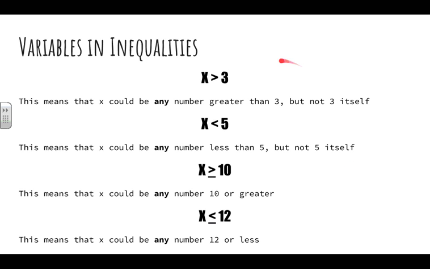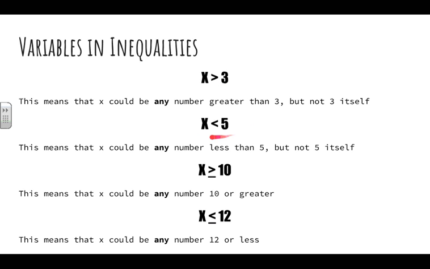Starting at the top here, we see x is greater than 3. That's how we would read that. It means that x could be any number greater than 3, but not 3 itself. So x could be 3.25. x could be 40. x could be 27 billion. Any number greater than 3, but not 3 itself.